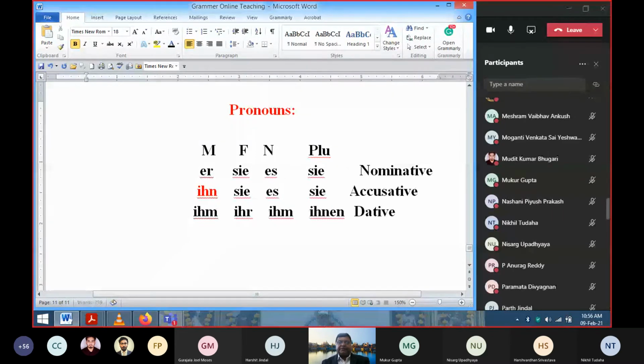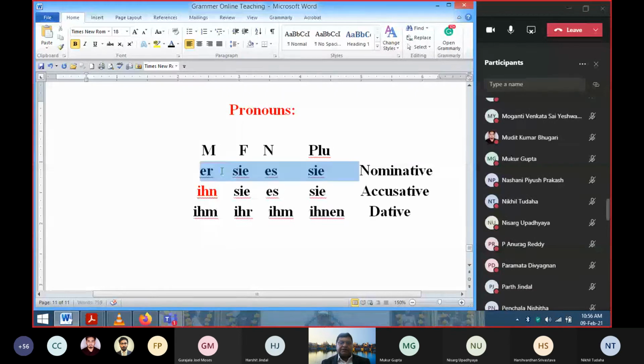If you look at the first row, these are the pronouns for the nominative group. Just like nouns, you can also use pronouns in this group. Instead of saying der Lehrer, der Student, der Bruder, etc., you can say he, she, or they. So you are using these pronouns as a subject. That is called nominative. And if the same pronoun is used as an object, then a change will be there. Only one change: it should have an ending. Er will be changed into ihn, and this is the direct object.